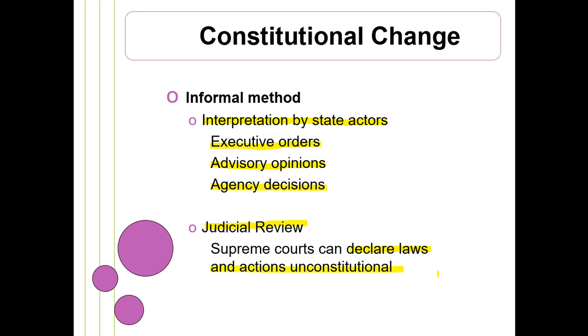That's based on their interpretation of the Constitution. They're saying that this law has to be struck down. That then results in case law where lower courts have to abide by that higher court's ruling.